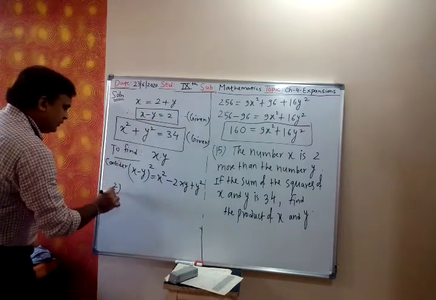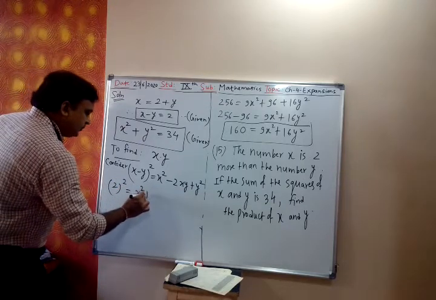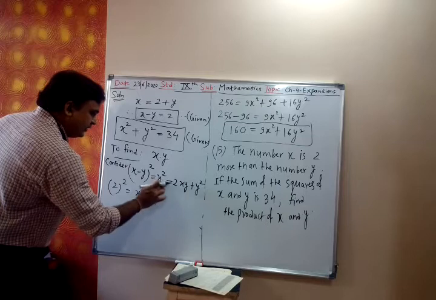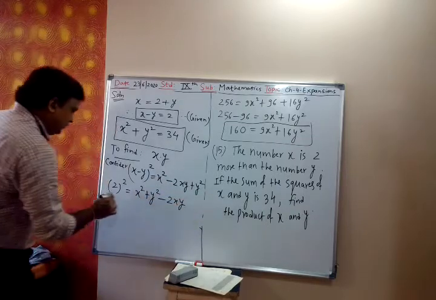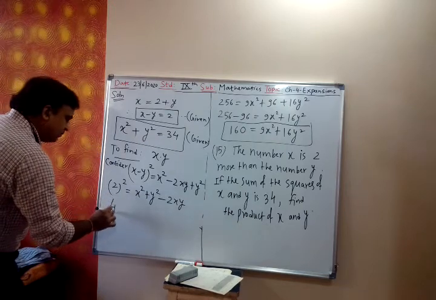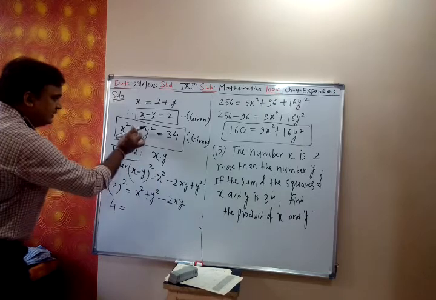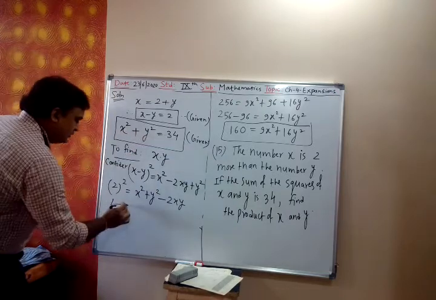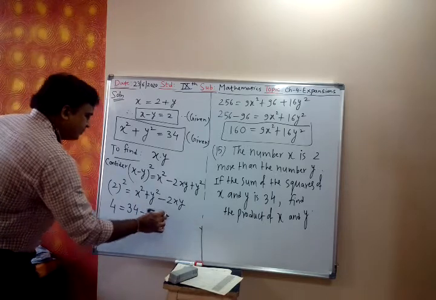So we get 2 square is equal to x square plus y square minus 2xy. 2 square is 4, and the sum of the squares is 34. So 4 is equal to 34 minus 2xy.